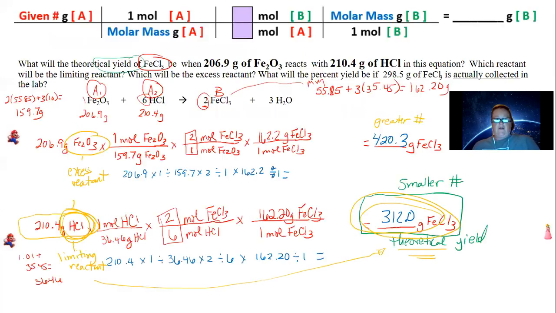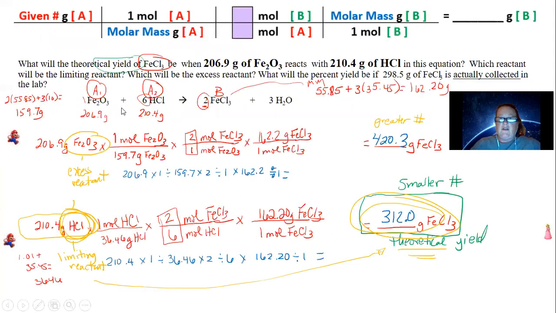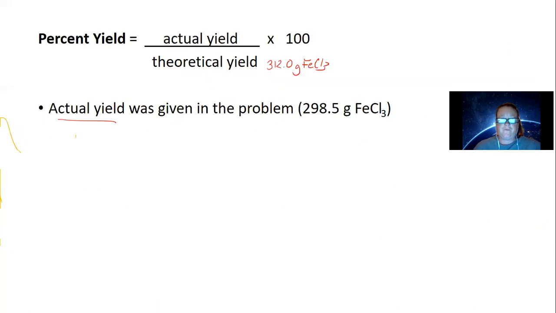So if I go back to the previous slide, 312.0 grams of FeCl3 was my theoretical yield. The actual yield is given in the problem. It says, what will the percent yield be if 298.5 grams of iron(III) chloride is actually collected?